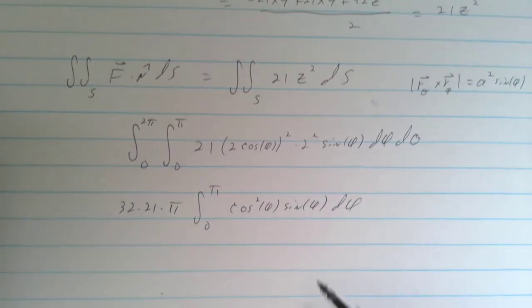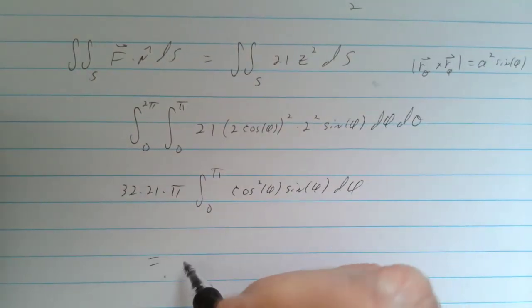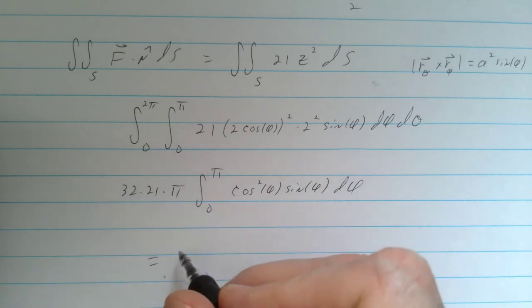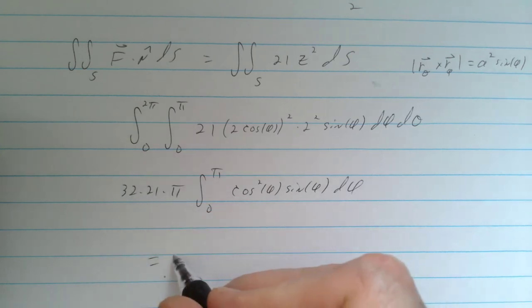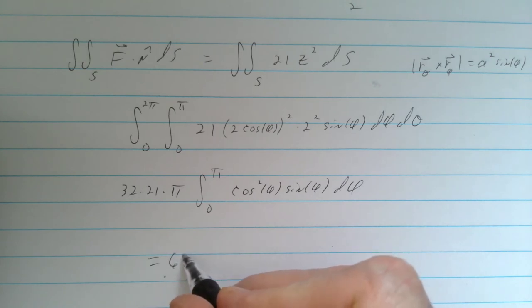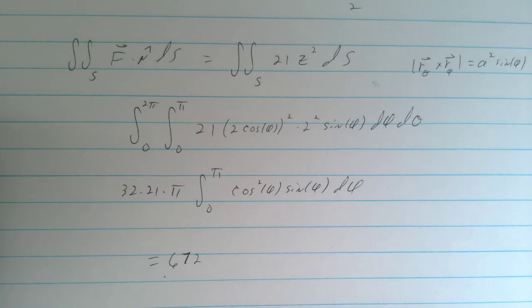So that'll just be, what 32 times 21 is, 640 plus 32. So maybe 672.